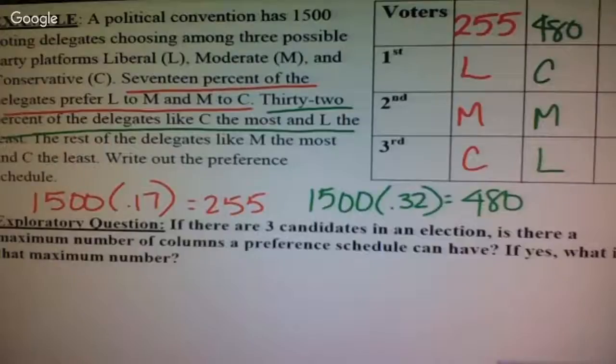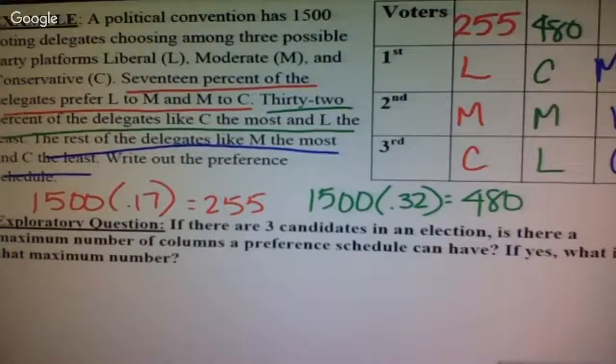My last column then. The rest like M the most and C the least. MLC. We have two options to figure out how many voters we need in that last spot.